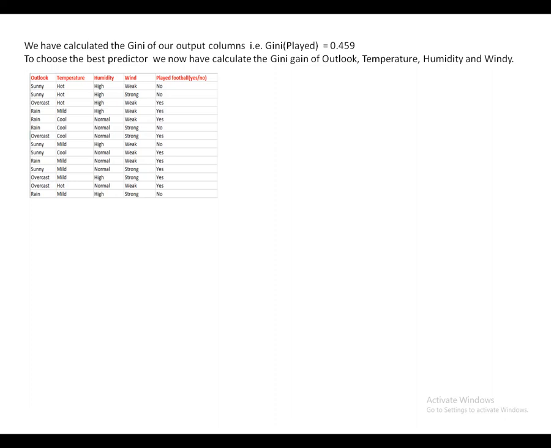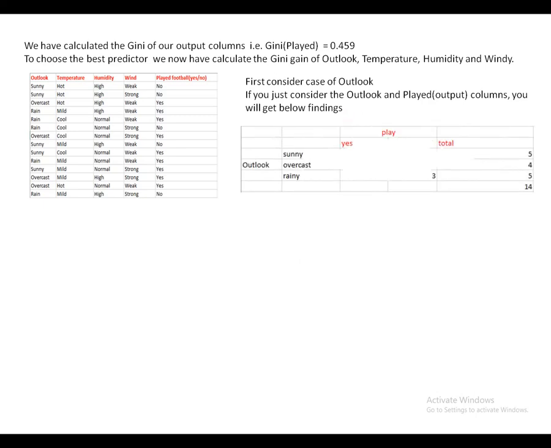To choose the best predictor, we now calculate the Gini gain of outlook, temperature, humidity, and wind separately. First, consider the case of outlook. If you just consider the outlook and the played column, you will get the below findings.